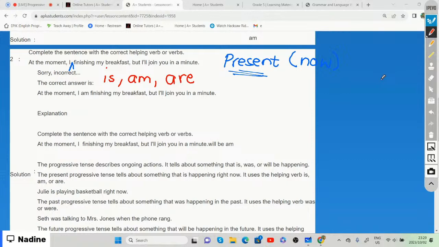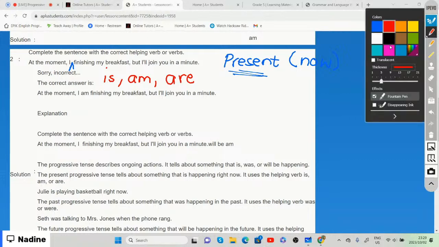All right, so if we were to choose the correct one, then we will choose I am. So we'll choose am and we eliminate is and are. So we then say, at the moment, I am finishing my breakfast, but I'll join you in a minute. So I am finishing my breakfast, which means that this is in the present.